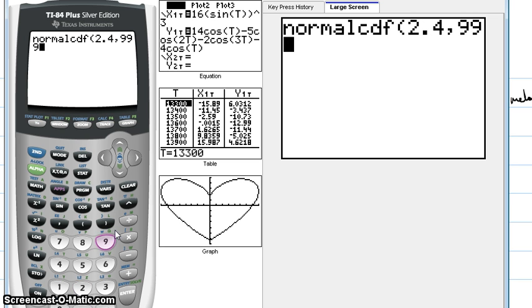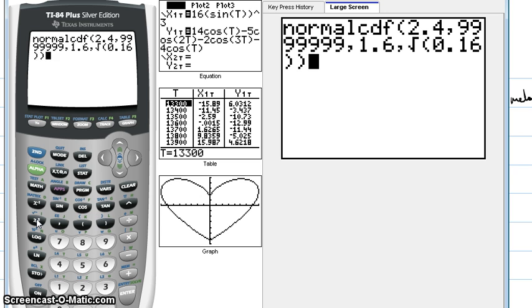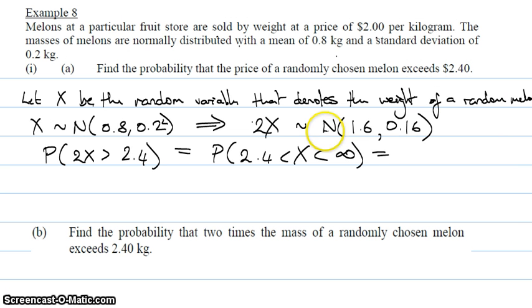Upper bound is a big number. Our mean is 1.6. Our standard deviation was the square root of 0.16. So what do we get? We get 0.02275, or to 3SF, 0.0228.